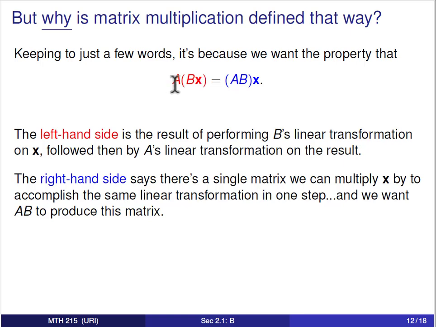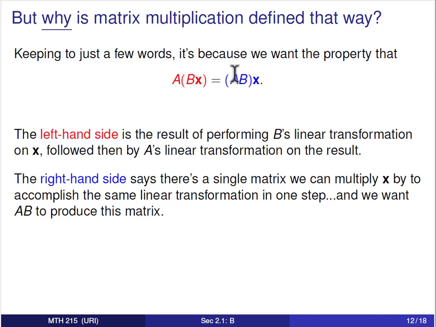We are going to multiply the matrix A onto the vector we get out from that linear transformation. And again, a matrix times a vector is a linear transformation on the vector. So the left-hand side shows what happens when you take x, you apply the linear transformation from B, and then afterwards you apply the linear transformation from A. On the right-hand side, though, what we're saying is we're going to take a matrix AB.